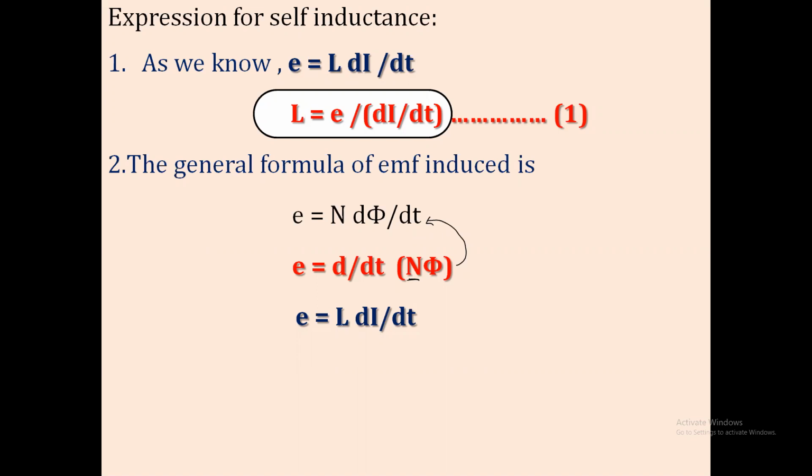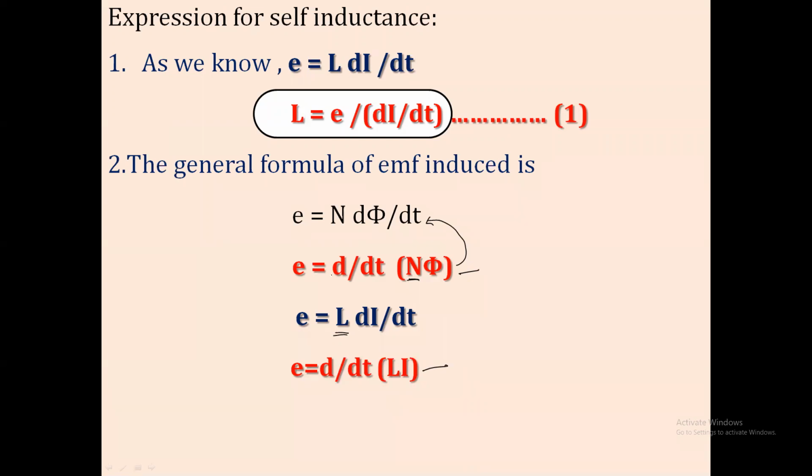Now, in that formula also, L is the constant term. It's a self-inductance. It's a property of a coil. So once again, I can write E is equal to d dt of Li. And now if you see both the equations, the left-hand side is equal. It's an induced EMF. So, can I equate the right-hand side?